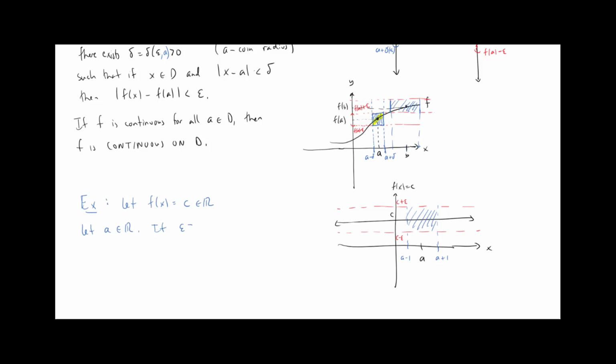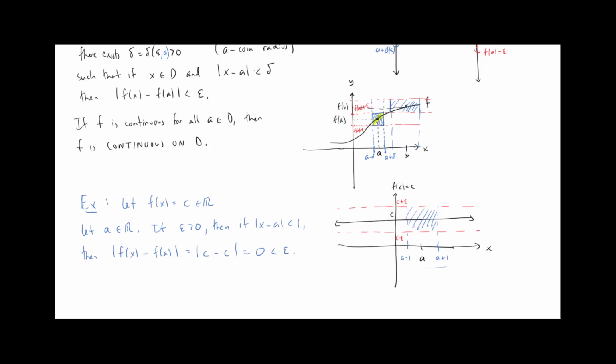If epsilon is greater than 0, well, then we know if x and a are within 1 of each other, that's what I was doing down here in the picture, then the difference between f of x and f of a is going to equal, well, f of x is c, and f of a is c. And so that difference is exactly 0, which is definitely less than any epsilon that anybody could give us.